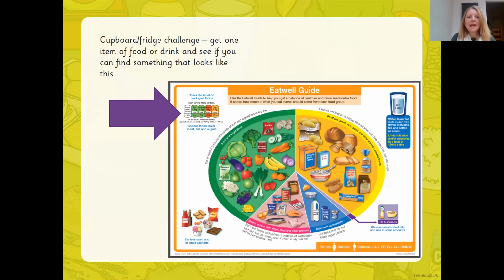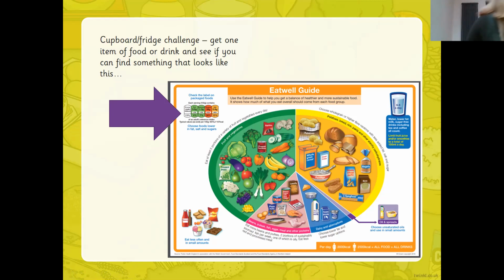So here's another cupboard or fridge challenge for you. Today, I just want you to get one item of food or drink and see if you can find something that looks like this on the packaging. Are you ready? I'm going to join in too. You just need to bring one today. You ready?